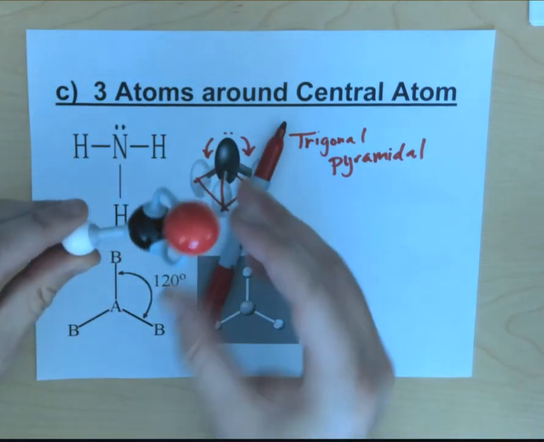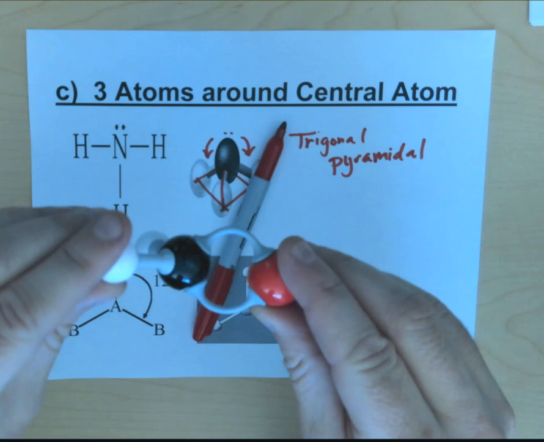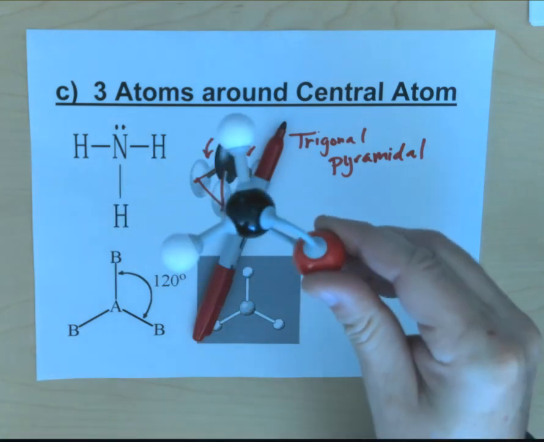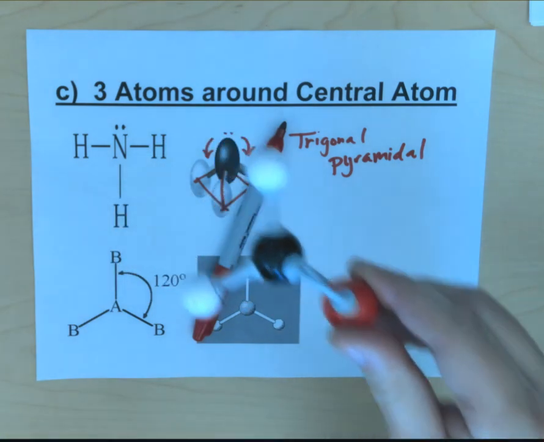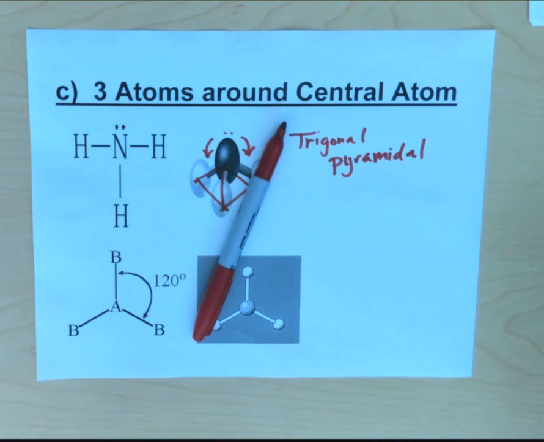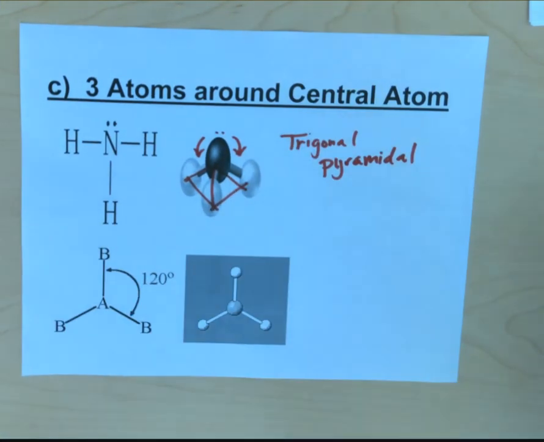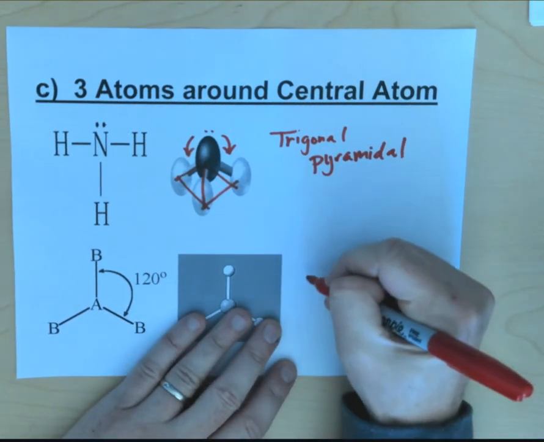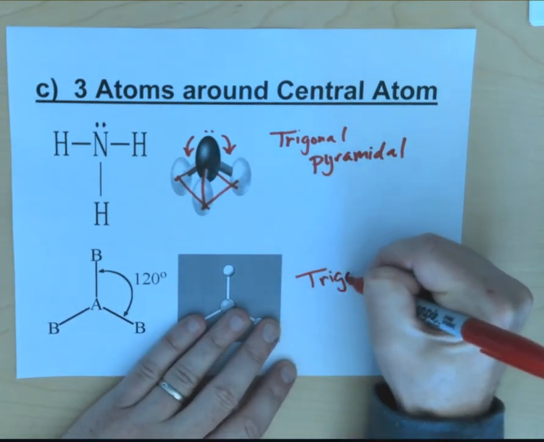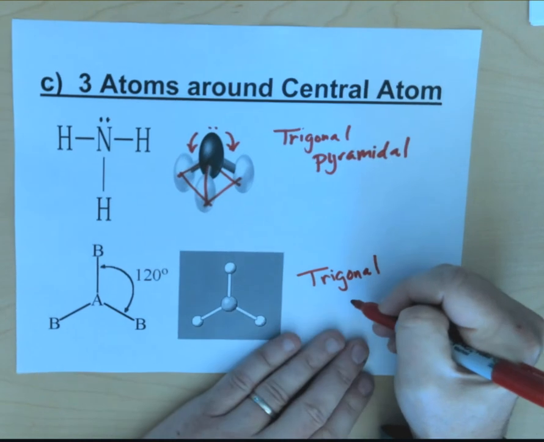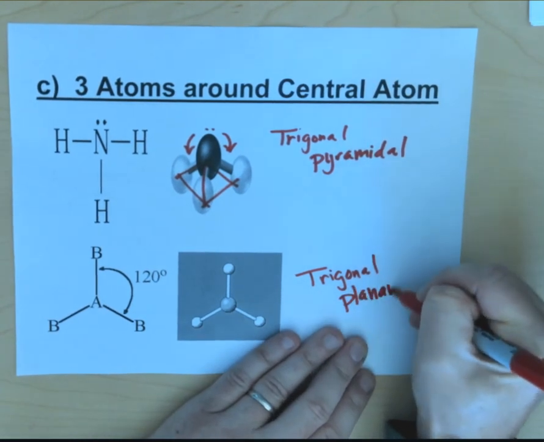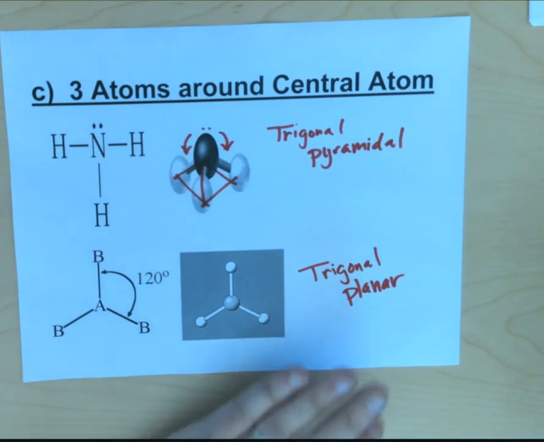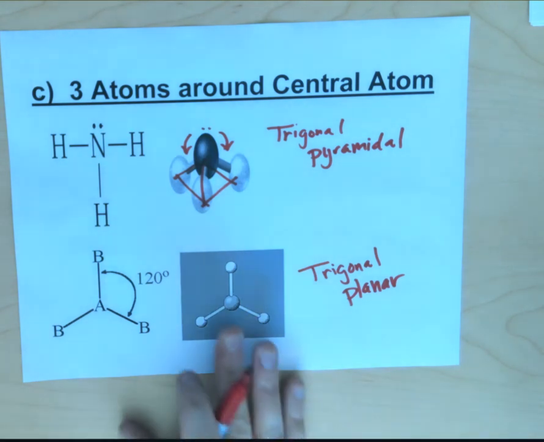If you look edge on, all of those bonds are in the same plane 120 degrees apart. So this shape is called trigonal, again, because it's 3 bonds, but instead of being pyramidal, it's trigonal planar because all the bonds are in the same plane.